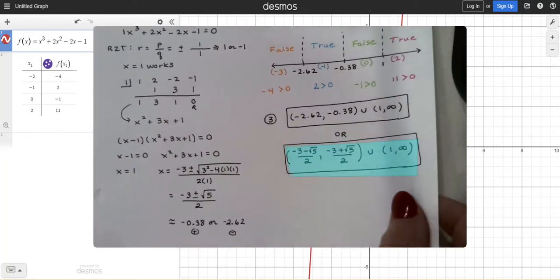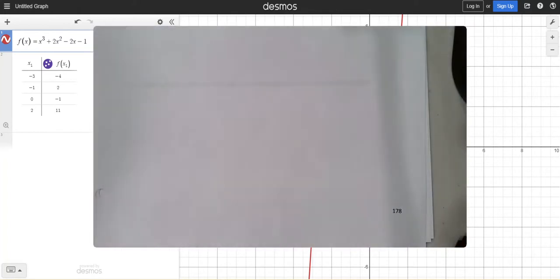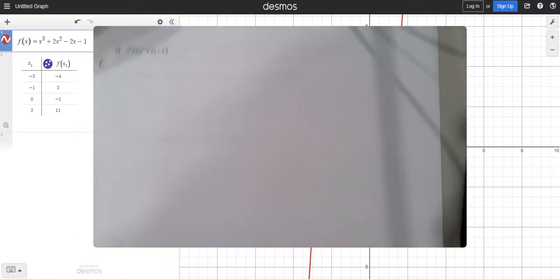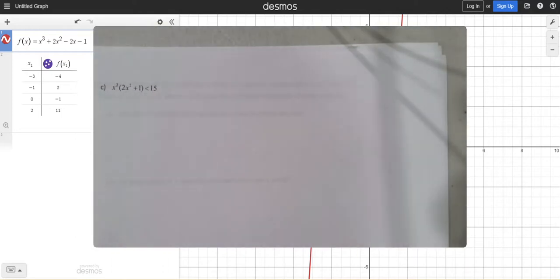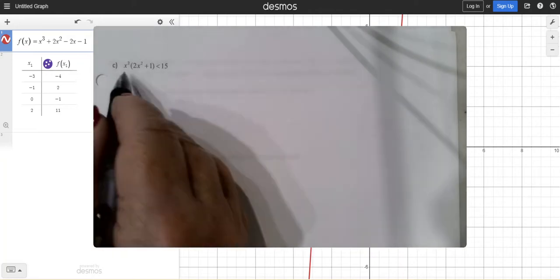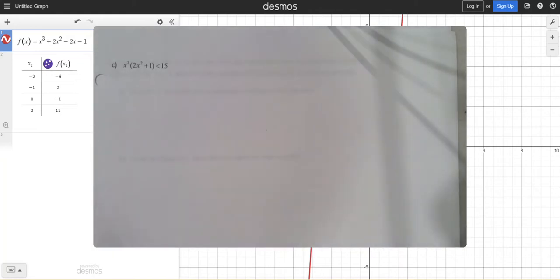All right, I know these are a little bit of a process to solve by hand. So let's try one more together here. I've got this inequality that I'd like to solve, and right now it doesn't have the 0 that I want.